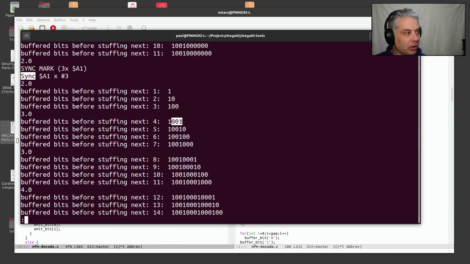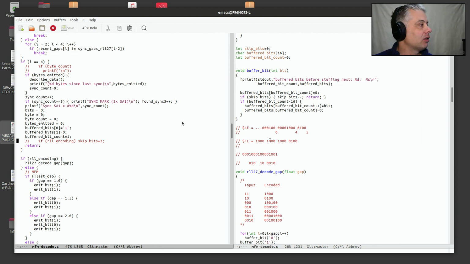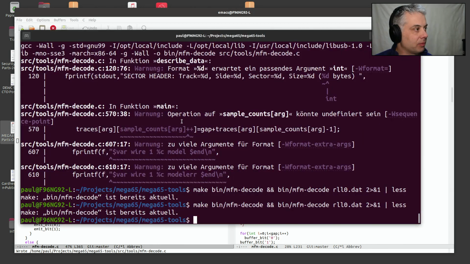So it's going to work on this occasion if we do it, but I'm not convinced it's going to work otherwise. Now, actually, it doesn't matter, because always after a sync byte we'll have an FE or an FB. So for the purposes of our decoder testing, it will actually be fine. Skip bits is equal to 3.